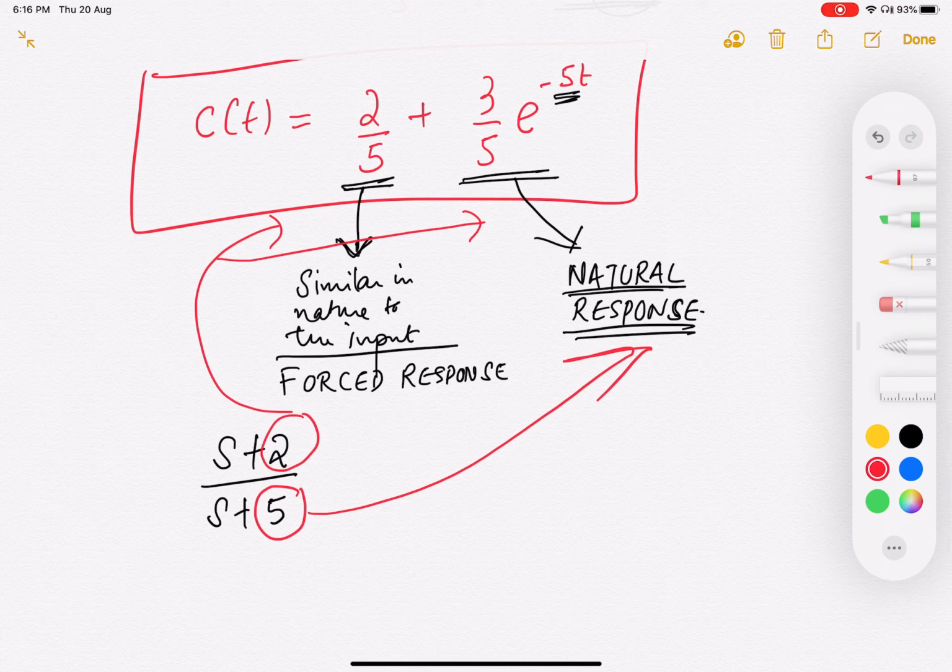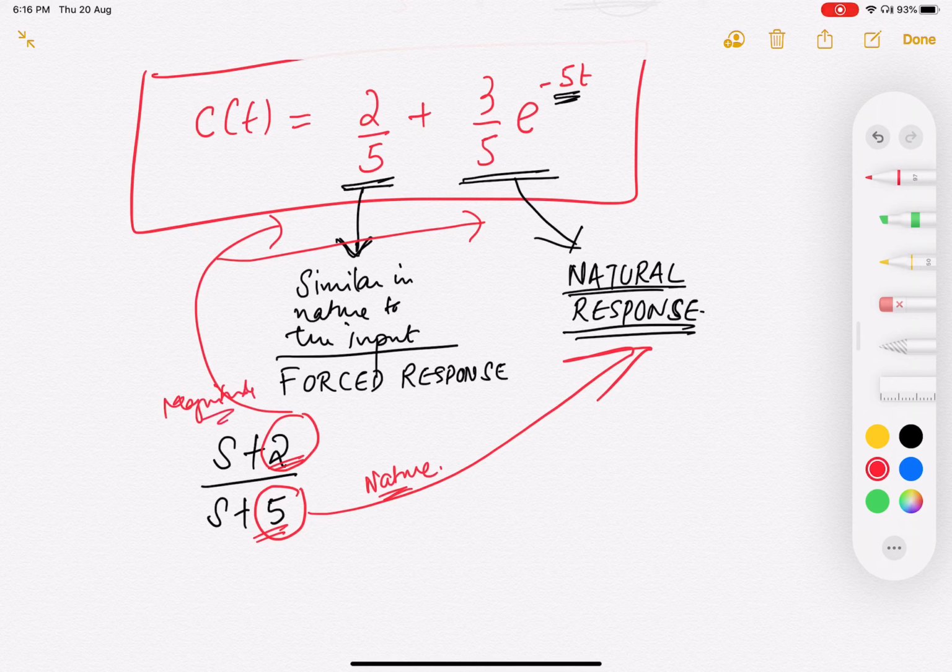So the term in the denominator determines the nature of the natural response. It is an exponential term with a decaying part equal to e to the power minus 5t, and the numerator part determines the magnitude of the response, right?